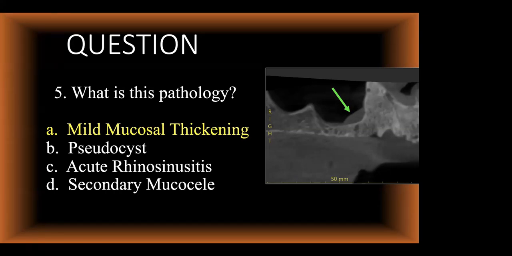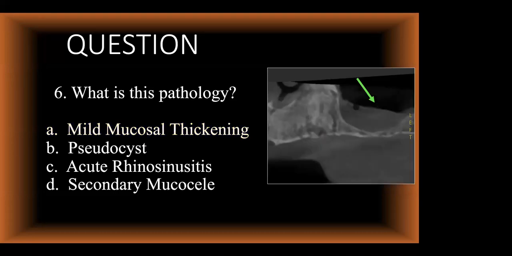It divides the sinus into two different cavities. Obviously, it is not that. So this is mild mucosal thickening, probably the most common type of pathology that we see in the sinus. Some studies show up to 60% of sinuses have some mucosal thickening. This patient is most likely asymptomatic with this mucosal thickening.